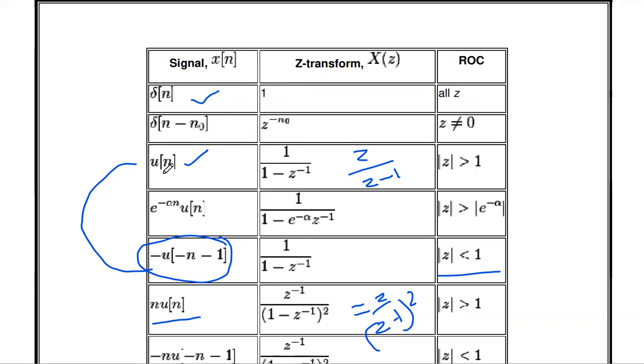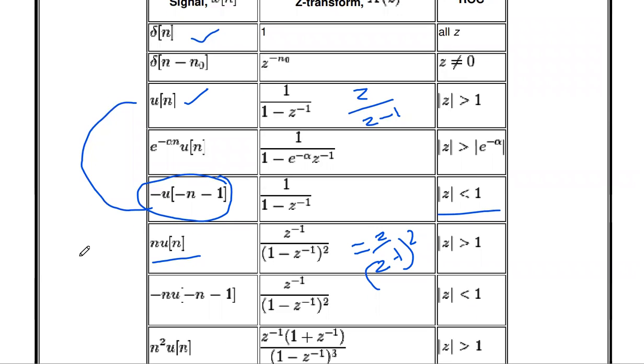Then u of n has the Z transform 1 by 1 minus z inverse, or z by z minus 1, with ROC modulus of z greater than 1. Then minus u of minus n minus 1 has the same Z transform, but the ROC is less than 1. Then n into u of n is the ramp signal r of n, with Z transform z by z minus 1 the whole squared.